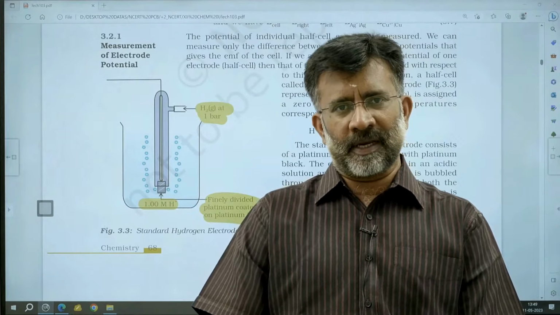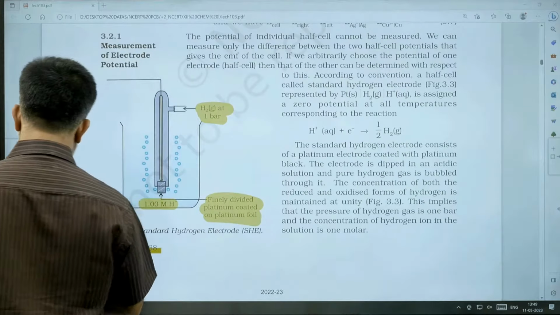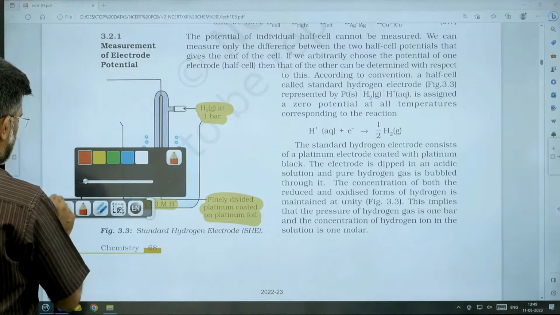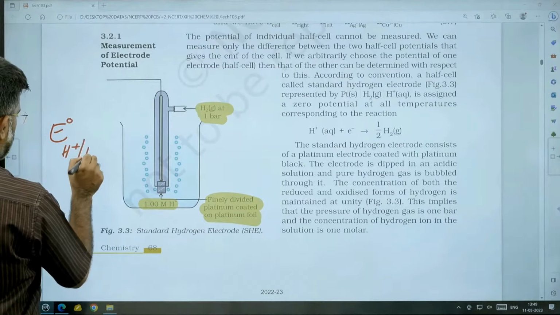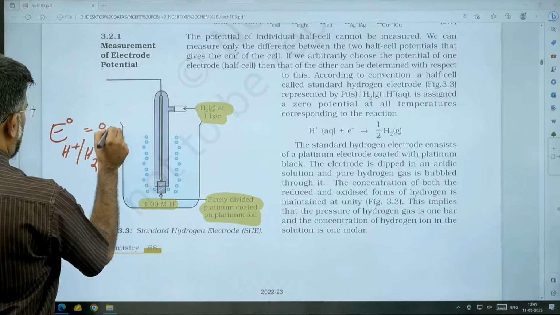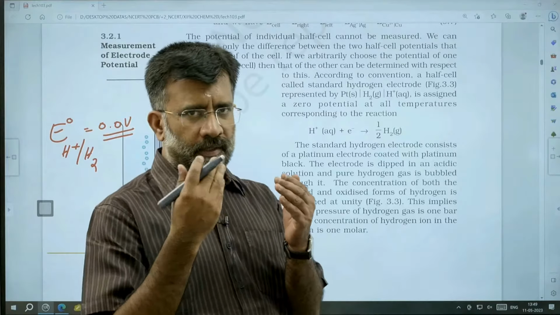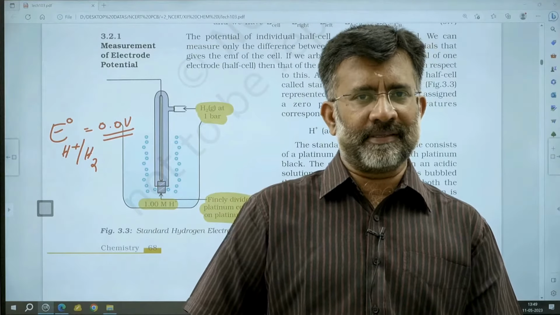This potential is arbitrarily fixed as 0, so E naught for H plus bar H2 is arbitrarily fixed as 0 volt. Using this, we find the standard reduction potential of various substances.